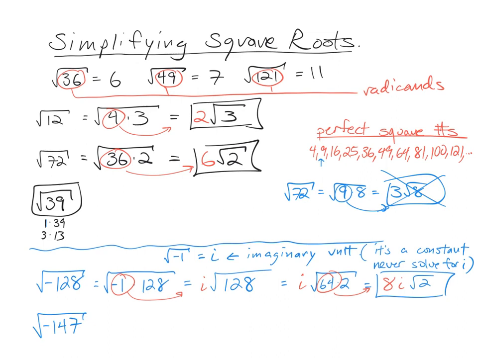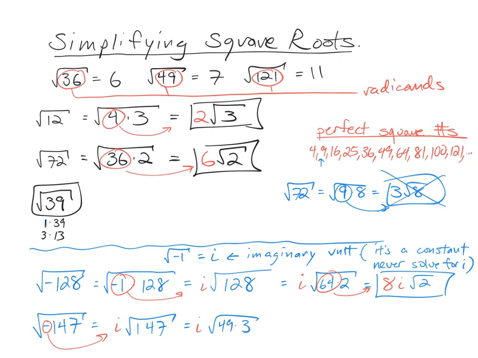And then very similarly for this last example, we have to pull out the -1 as an i, so normally you can just do this. The negative is taken out as an i. We have 147. Then we have i square root of the largest factor in this list of 147, which is 49.